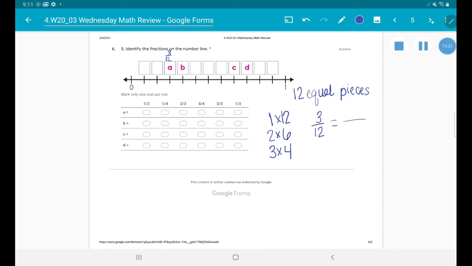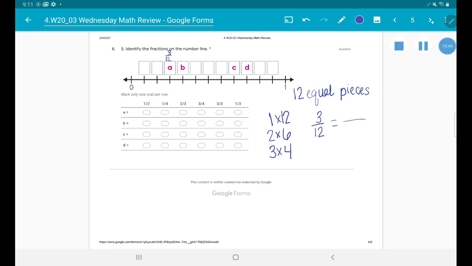Which one of our factors could we divide both 3 and 12 equally by? Can I divide 3 and 12 both equally by 2? No. Can I divide them both equally by 3? Yeah. Okay, so let's try that.